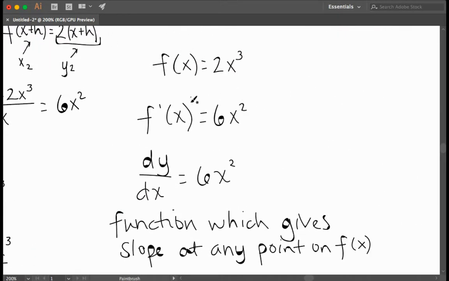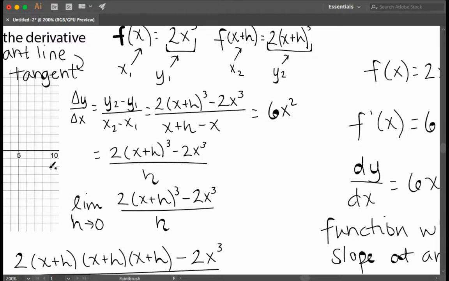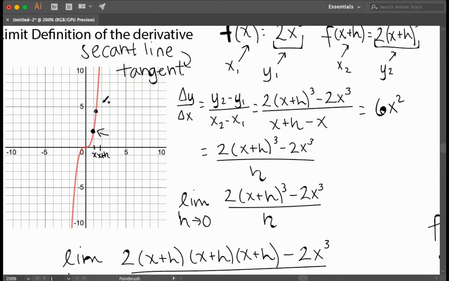So when x is 1, if you plug it into this function here, f prime of 1, you'll get 6 times 1 squared, which is 6. So that means on this function, f of x equals 2x cubed, when x is 1, the slope is 6. So the slope of the line here that's tangent to this graph is 6.